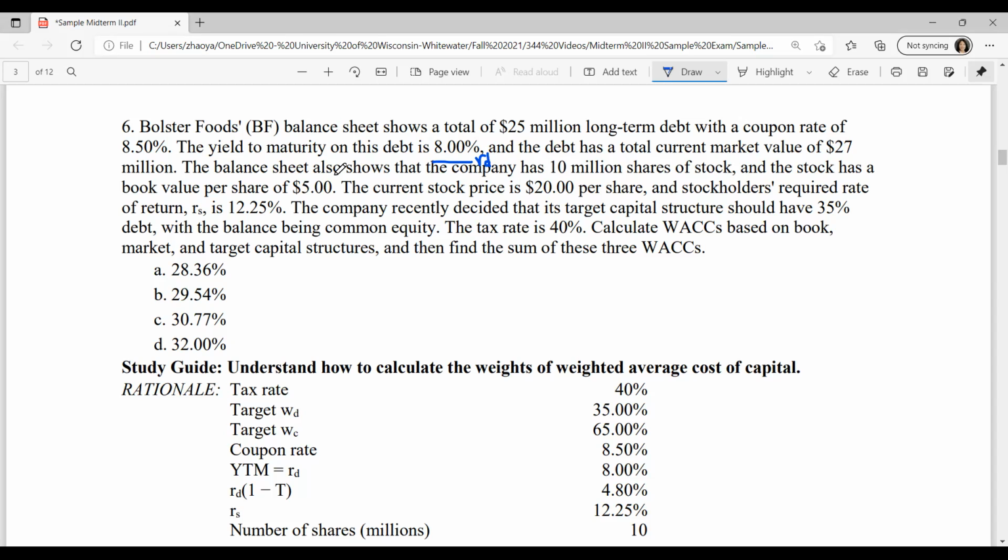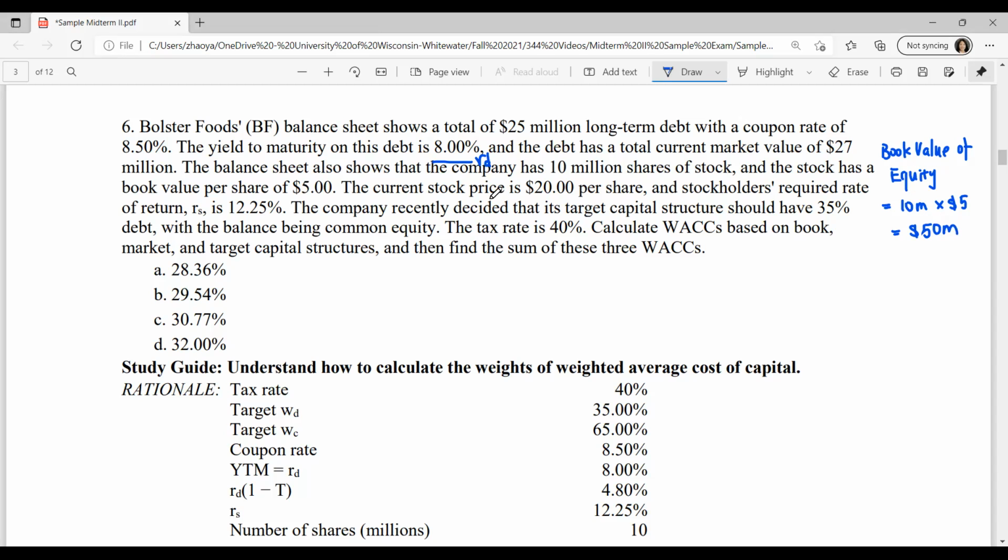And the stock has a book value per share of $5, which means that the book value of equity equals 10 million times $5 per share, equals 50 million.